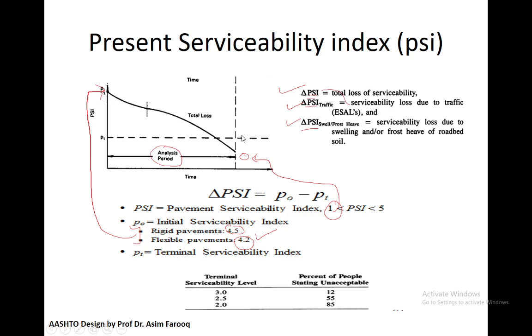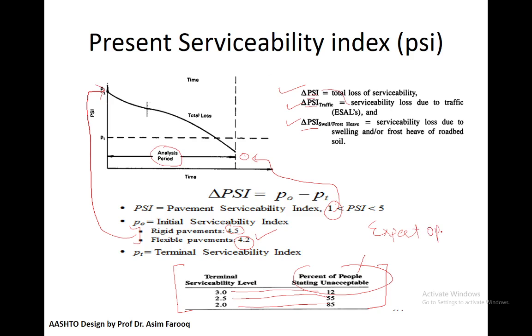So we need to conduct a survey to determine how much the pavement is damaged or how much of its life it has lost. As you can see here, the total loss is basically the loss of pavement quality, which we usually consider as the terminal serviceability.